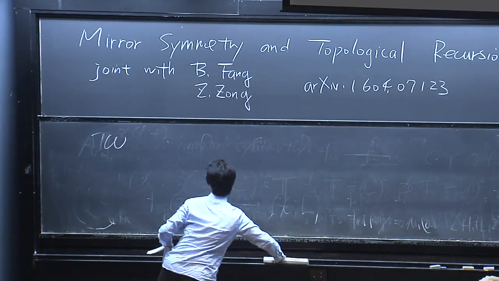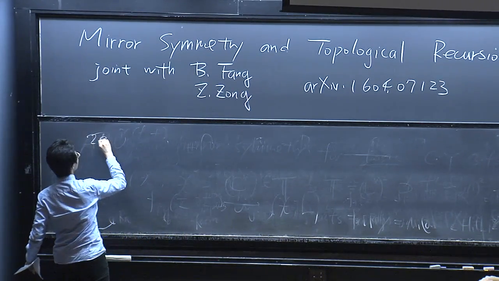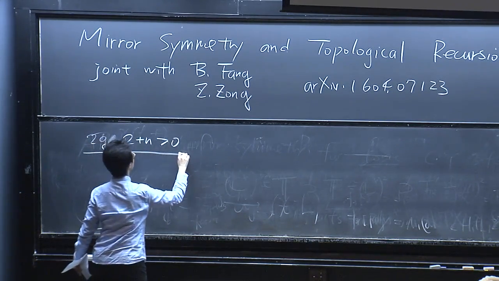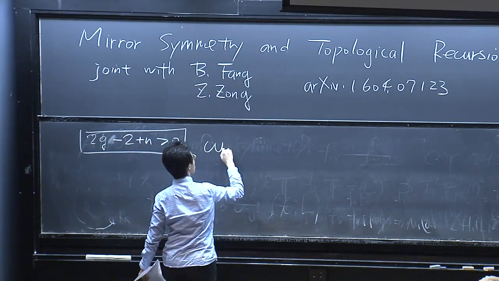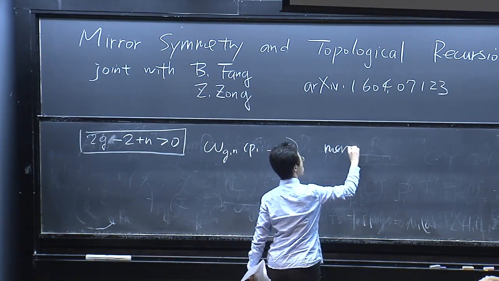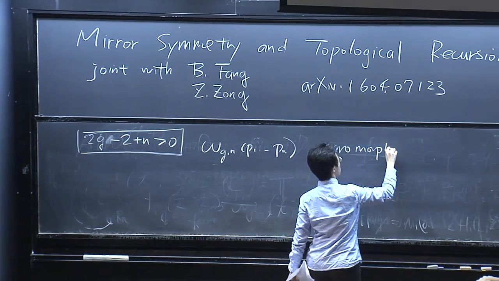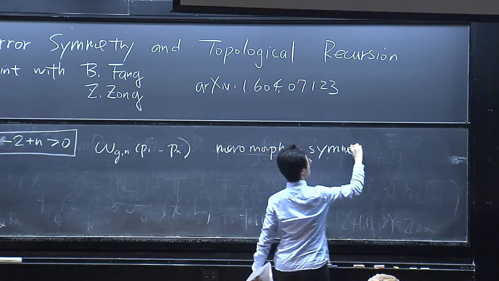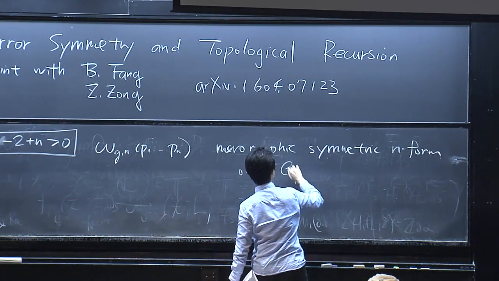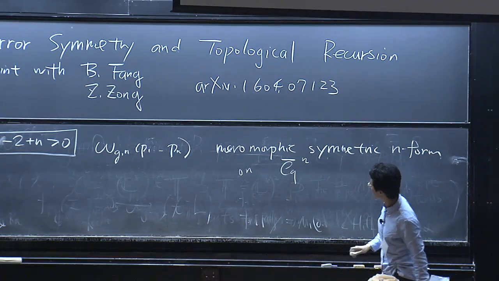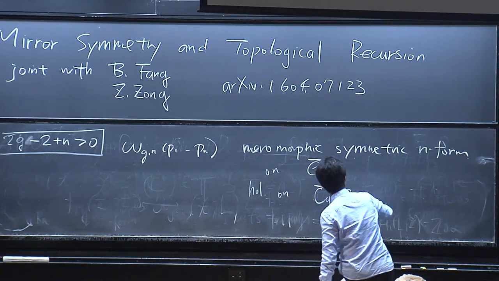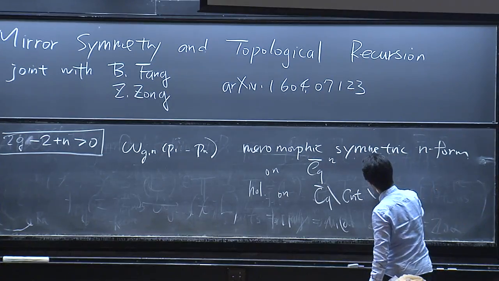So in the stable case, this is a meromorphic symmetric n-form on the nth power of the compactified mirror curve, holomorphic if you take away the critical points, or ramification points, of this x.